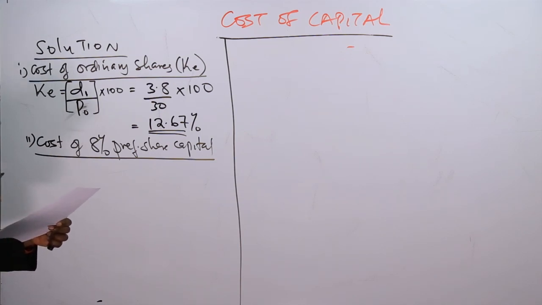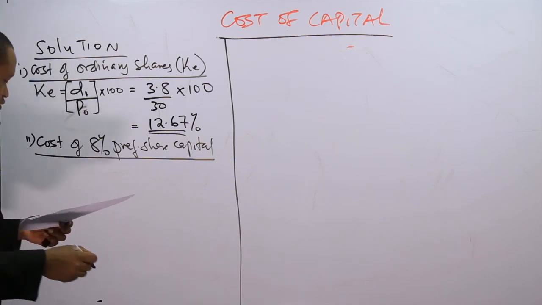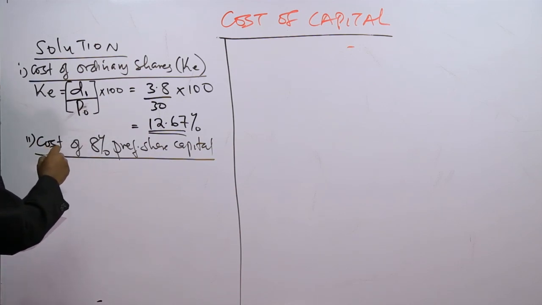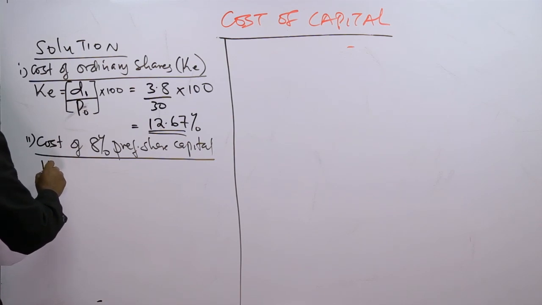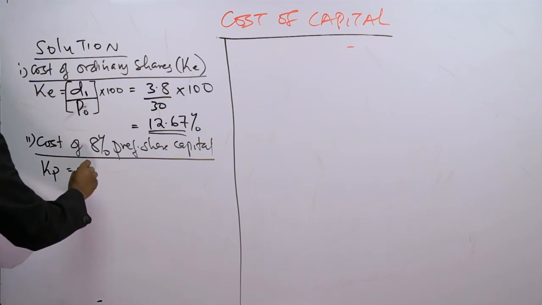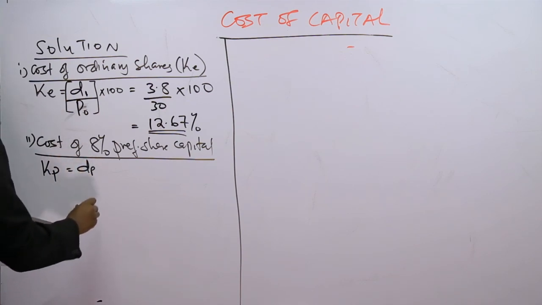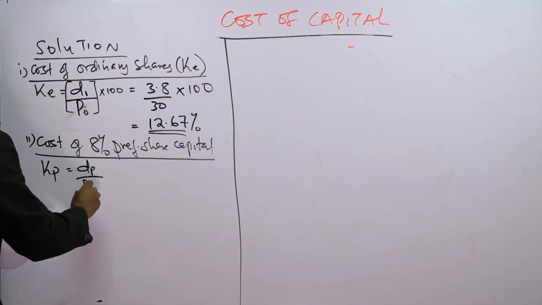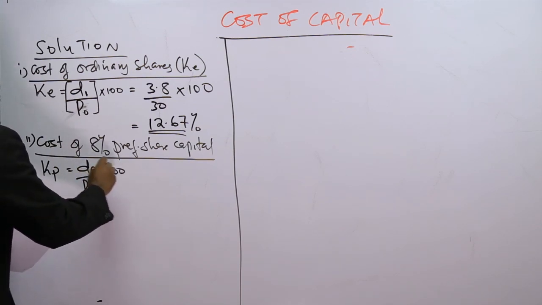These are different because for the first one, the shareholders are paid a dividend of 8% per share. The second one, 10% per share. So for the 8%, K, the cost of preference stock, will be equal to the dividend per share, DP over P naught times 100.